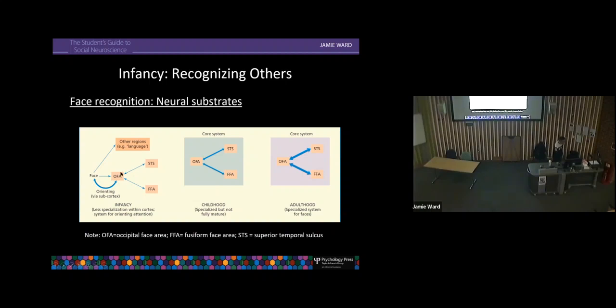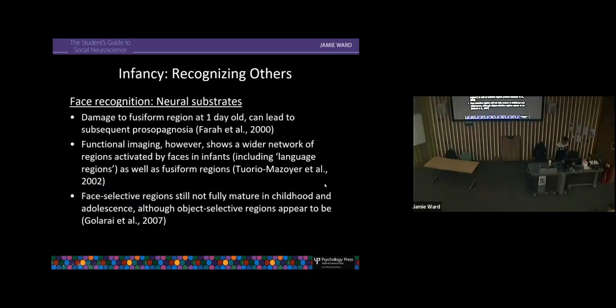The faces might activate these early perceptual regions more, but they're also activating other regions that would not normally be activated in older children and adults. And here the difference in the arrows is basically that the connections between these regions become strengthened developmentally, as well as becoming more specialized in their responses.